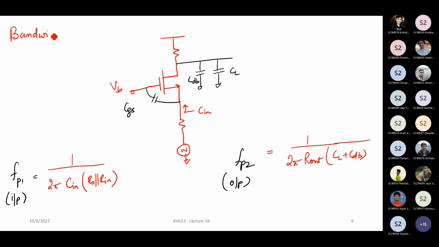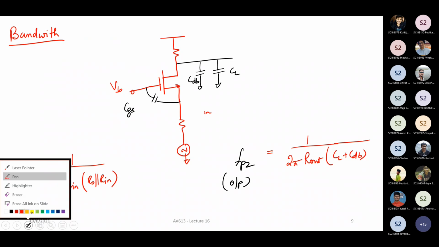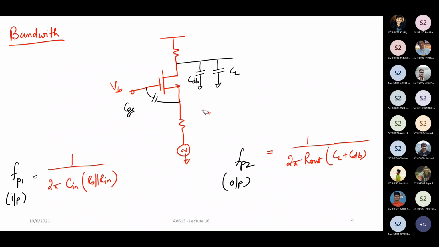Is it RS in series with Rn, or parallel? What we are assuming here is that although there are all these other capacitances, effectively there is a capacitance here, from this particular node to ground. So how will you calculate the time constant or the pole frequency?